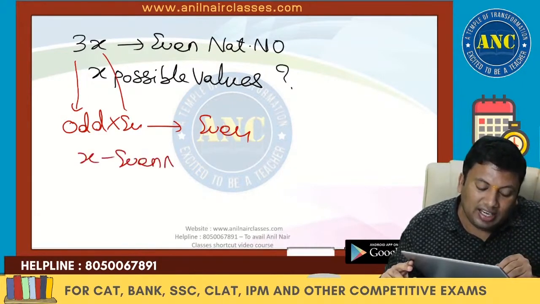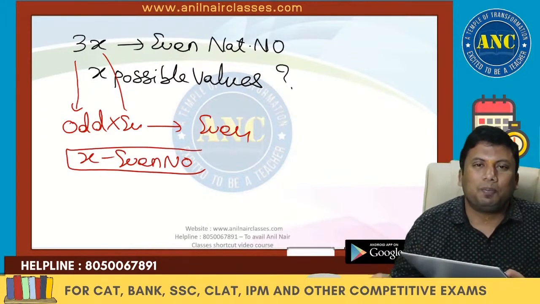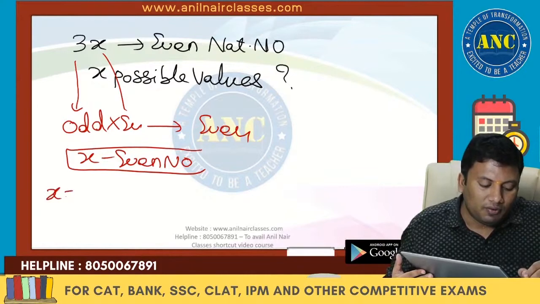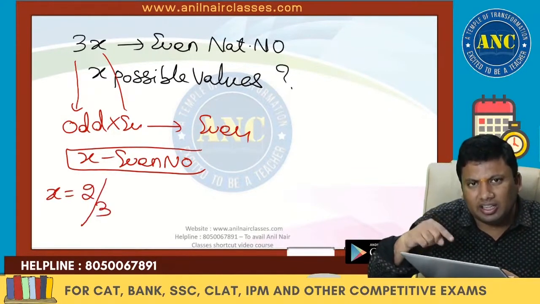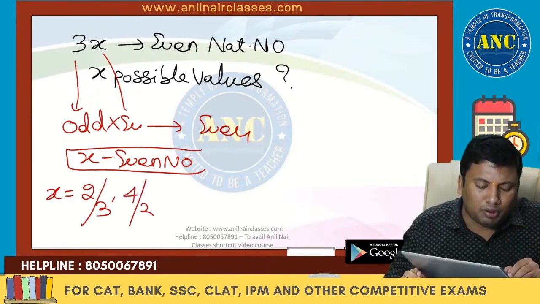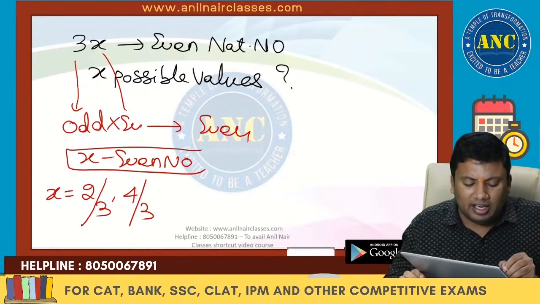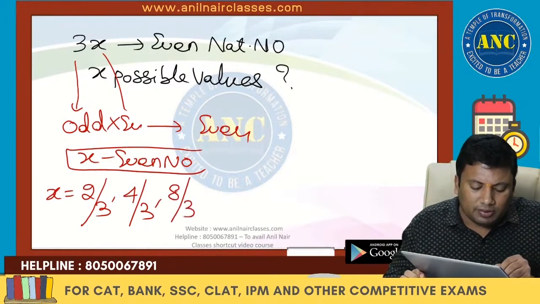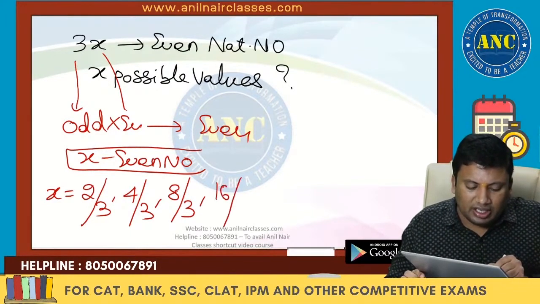This is partially right. But please tell me, why can't x take 2 by 3? Did I mention anywhere that x is a natural number? Why can't x take 4 by 3? Why can't x be 8 by 3? Why can't x be 16 by 3?